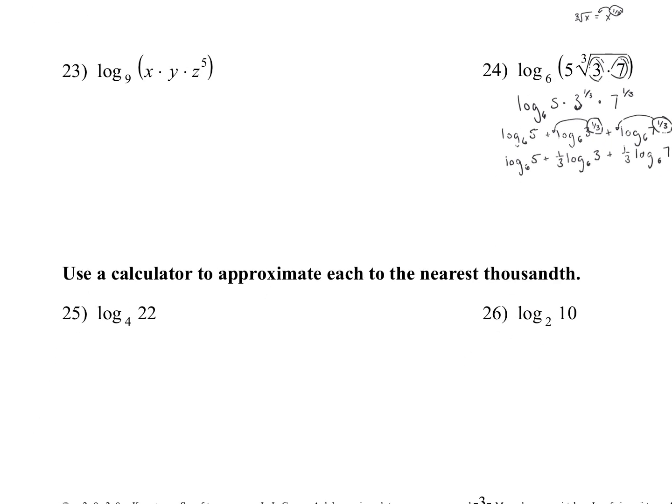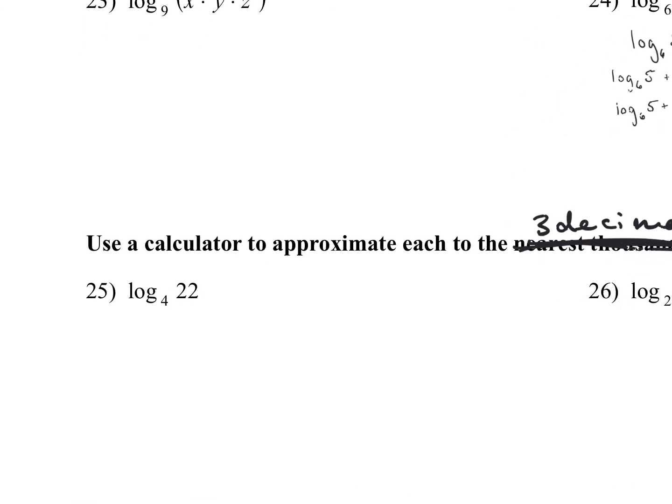All right, we have two more. We'll do 25 and 26. Use a calculator to approximate each to the nearest thousandth. On the test, it'll say to round to 3 decimal places. So you don't have to worry about hundredths, thousandths, whatever the difference is. It'll be specific on the test how many decimal places it wants.